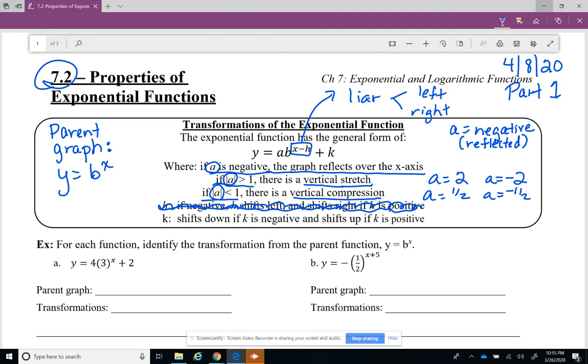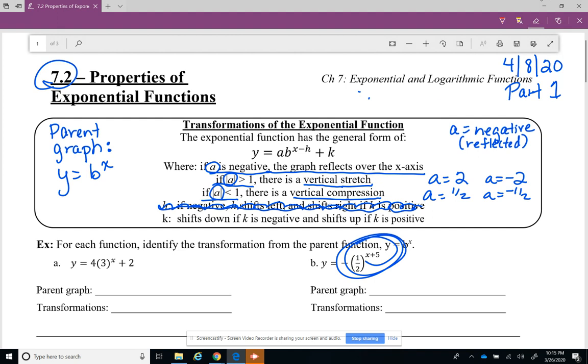If you see a plus 5, that's really a minus 5, because when you put a minus 5 into the general form, minus a minus 5, a negative times a negative makes a positive. So it's the opposite of what you see.